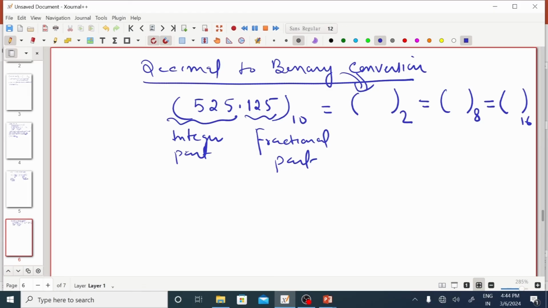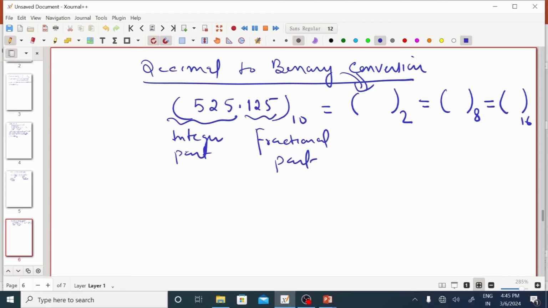And similarly for converting a fractional portion of a decimal number into an equivalent binary number, we simply put a decimal point, which in case of binary number system is known as a binary point, after the integer portion of the binary number. Then we multiply the fractional portion by 2, take the integer portion, and put it after the binary point.